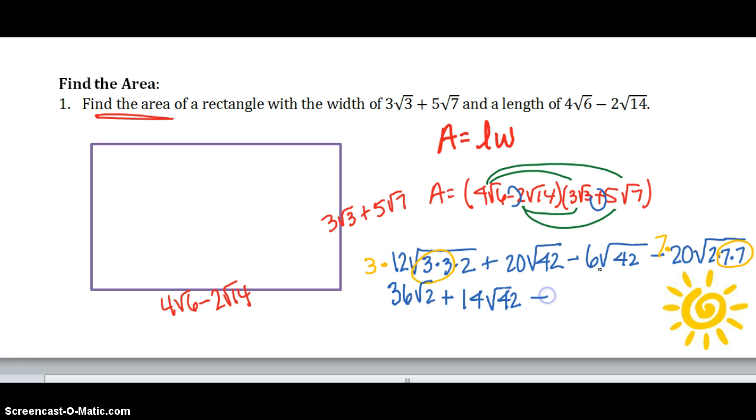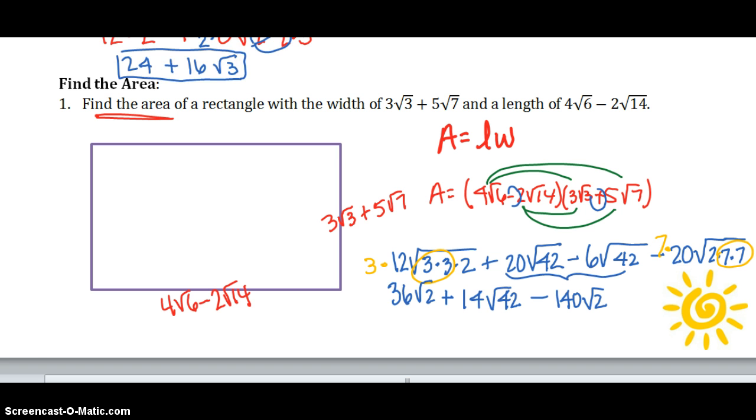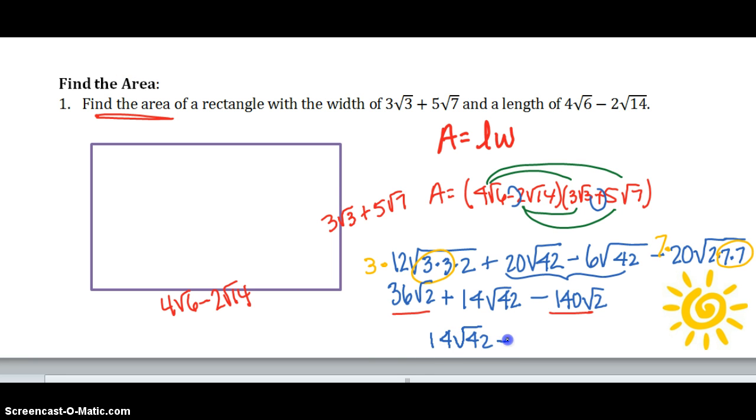And then you have negative, because the 7 times 20 is 140, radical 2. And now we have like terms here and here, and that's going to subtract and give us a negative answer. So 14 radical 42 minus 34 radical 2, and that would be our final answer.